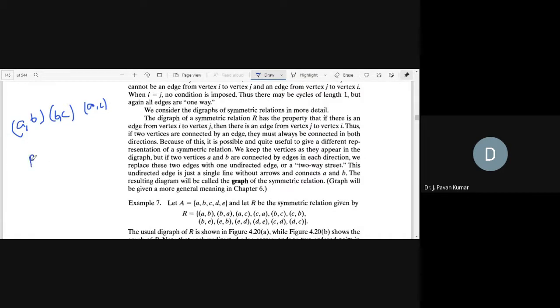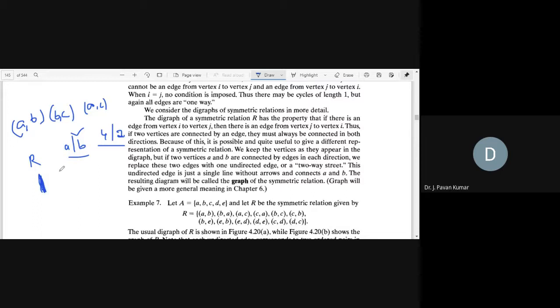R is defined as this pipe symbol, the divides relationship which we have seen earlier. You remember, a is related to b means a divides b. Does 4 divide 2? Yes, sir. So like this, we define R as the divides relationship.